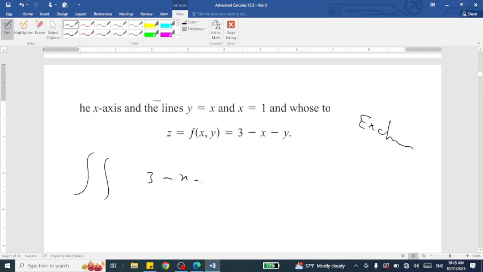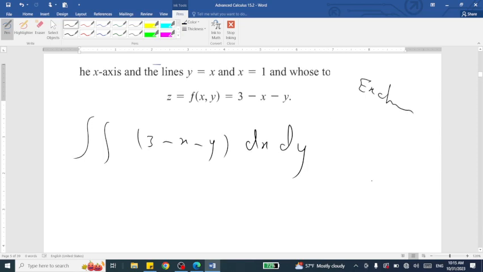Instead of dy by dx, I'm asking you to evaluate by dx dy. So how do we do it? Any idea? Yes, we need to sketch the boundary, which is not easy to answer. And you need to sketch.